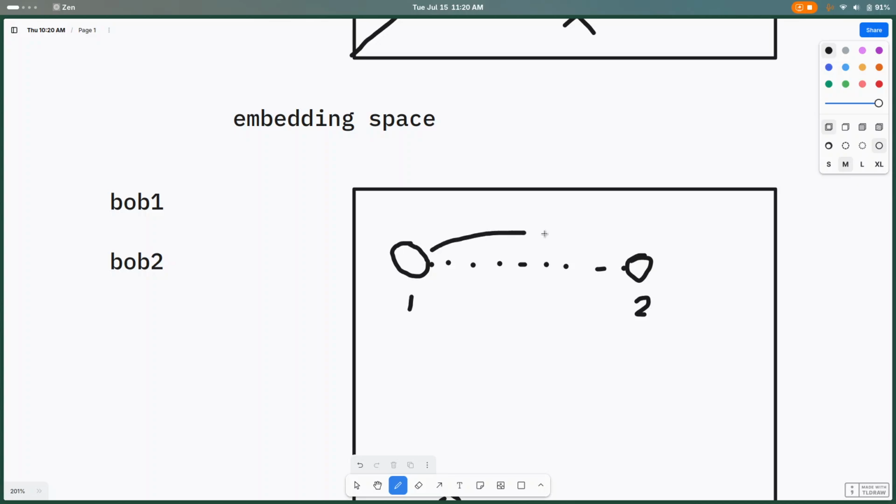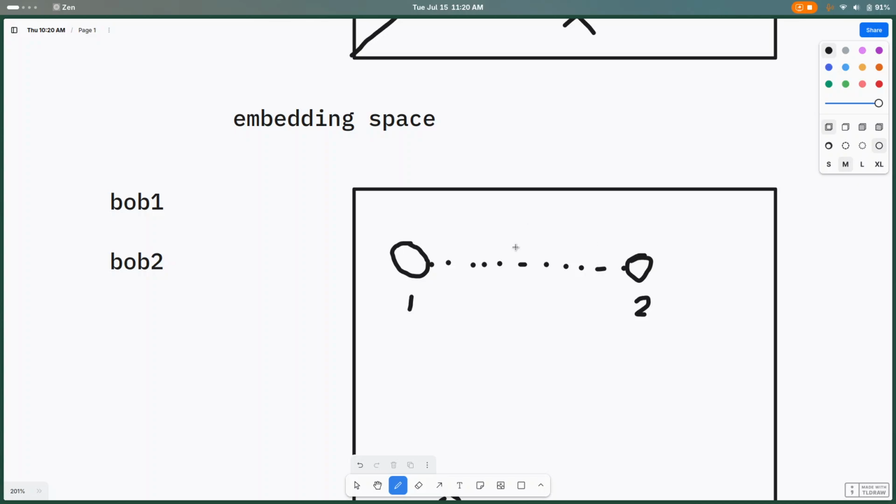Basically it means these points need to be as close as possible together. The ideal situation is that these two points stay on top of each other, so both Bob 1 and 2 will be the same. But you know, sometimes it doesn't usually happen that way. There's always something different about the image, and the extraction will prevent it from overlapping.